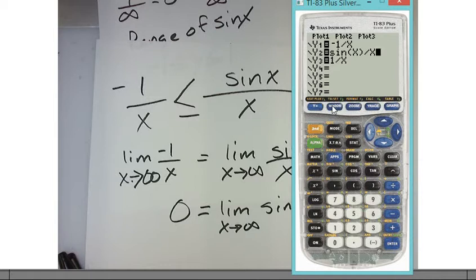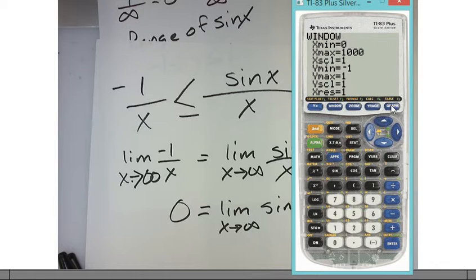Then I'm going to adjust my window, to make it a really big number like 1,000, and my y value shouldn't be any lower than negative 1 and positive 1.